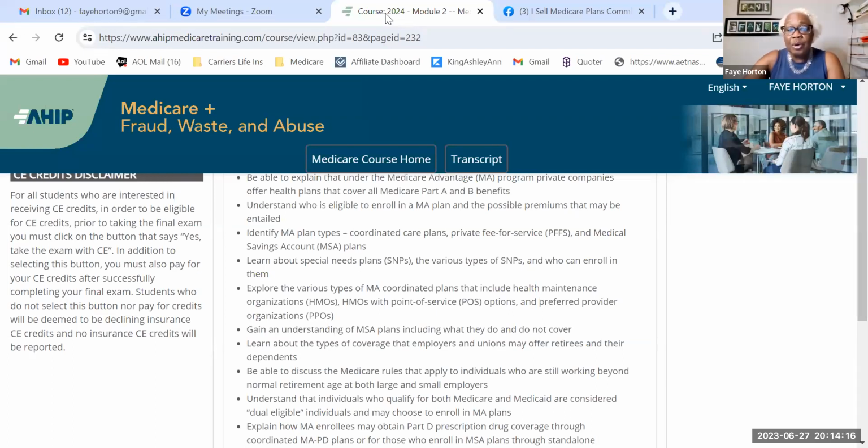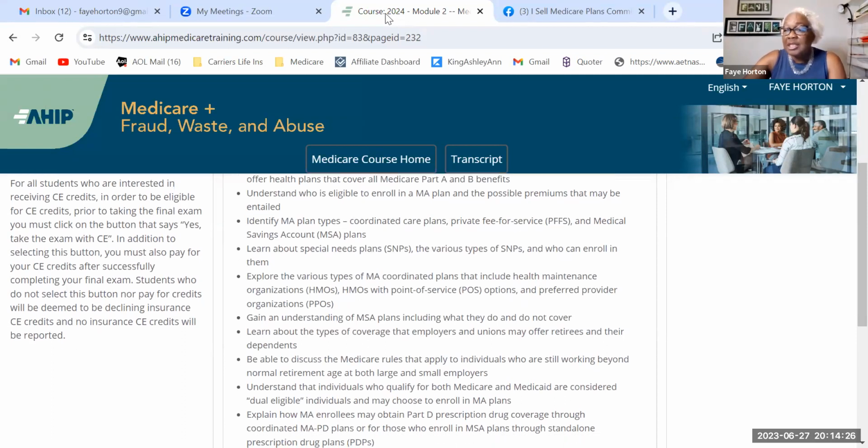You will identify Medicare Advantage plan types. Those would be your HMOs, PPOs, PFFSs, medical savings accounts, MSAs. You will learn about special needs plans, SNPs.